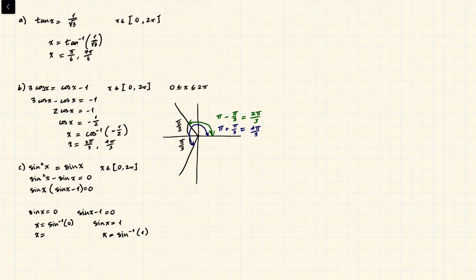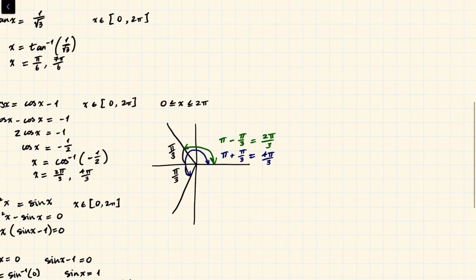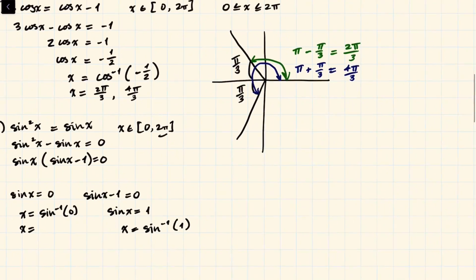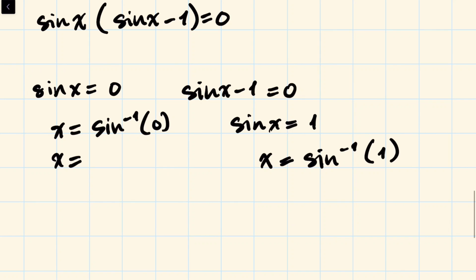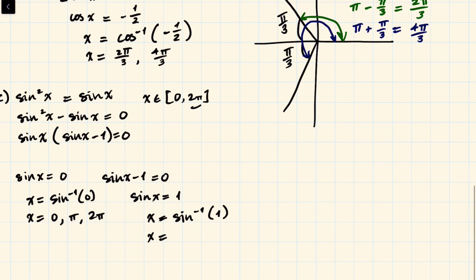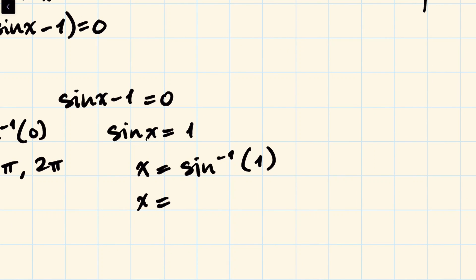Okay, so let's write all those down. Oh, and since we're including 2 pi in our interval, we can actually include 2 pi here. So we will write 0, pi, 2 pi as our answers for that one. We still have more to go. So when is the sine of the angle 1 here?